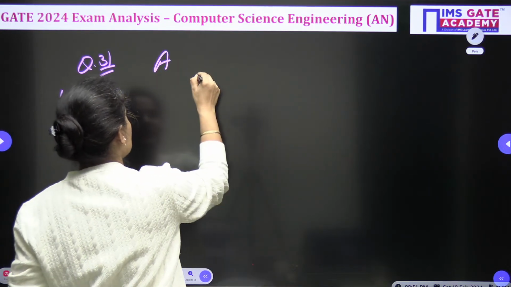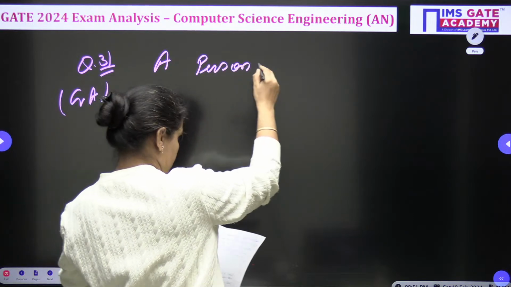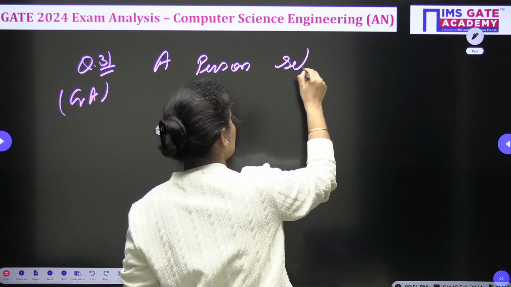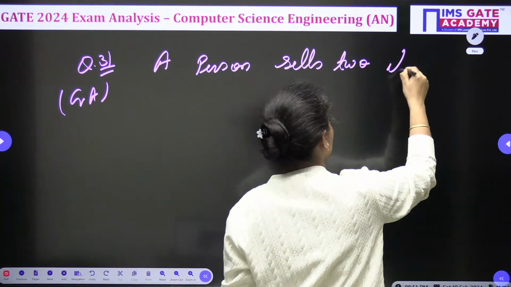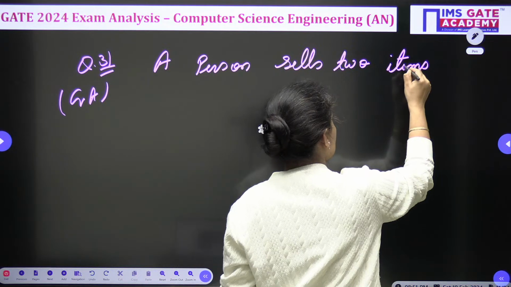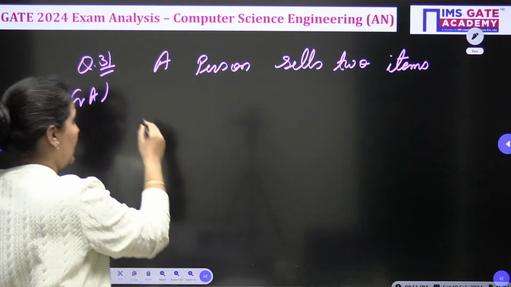So the question is: a person sells 2 items at the same price.